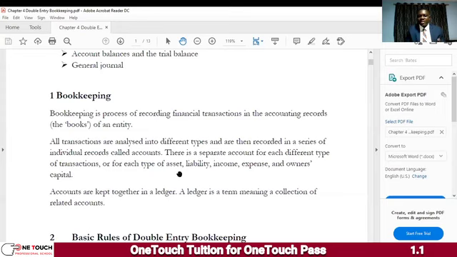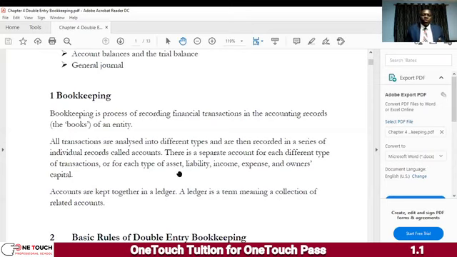So a ledger simply is a term meaning a collection of related accounts. Good. So when we talk about bookkeeping, we are saying that it's the process of recording financial transactions in the accounting records, that is, the books of an entity. So we have accounting records, or books of accounts.